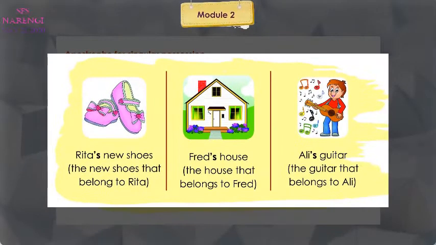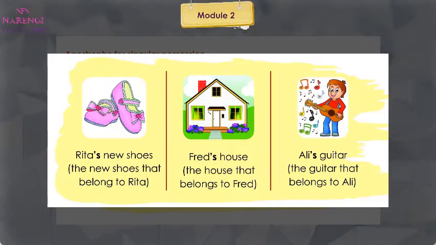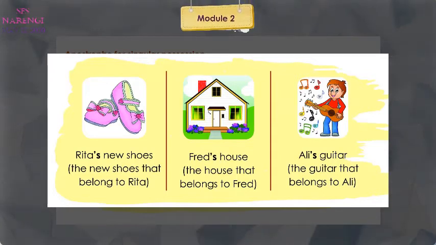So in here you can see 3 pictures on page number 13. Rita's new shoes, the new shoes that belong to Rita. Second picture is Fred's house, the house that belongs to Fred. The third picture is Ali's guitar, the guitar that belongs to Ali.